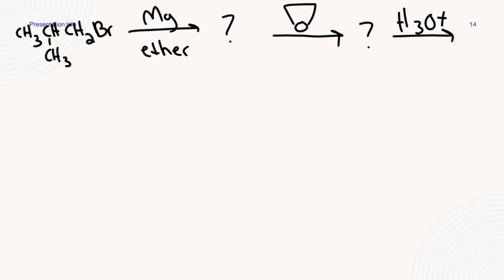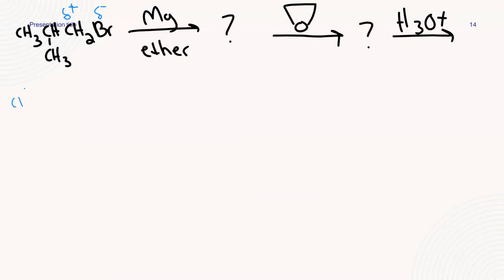So in this carbon-bromine bond, bromine is more electronegative than carbon. So here, this bromine will be partially negatively charged, and the carbon is partially positively charged. We know haloalkanes are electrophilic because of that. Okay?